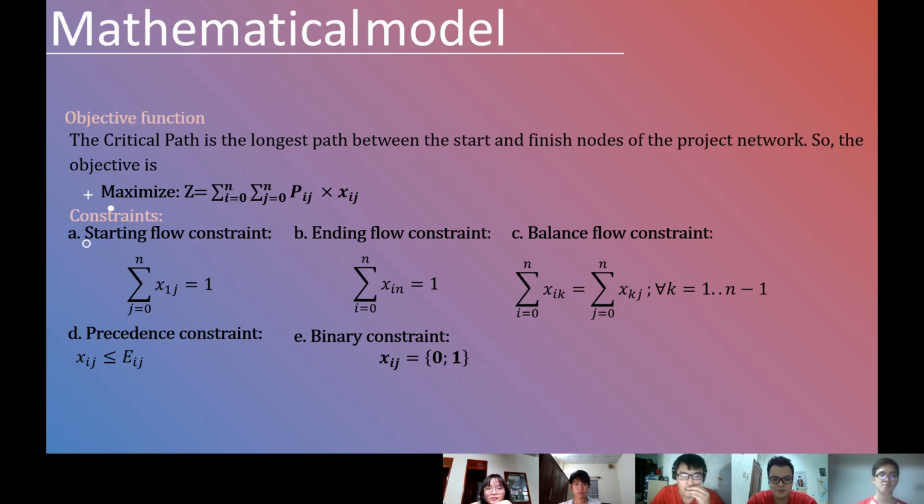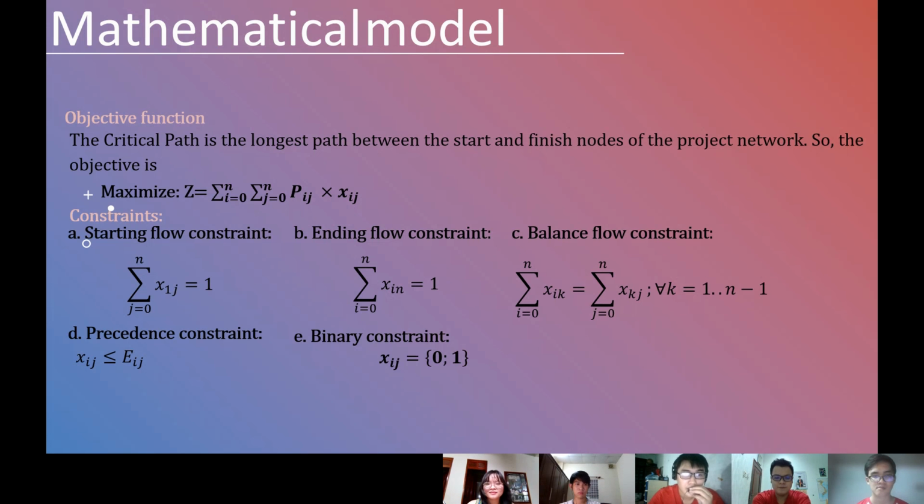It's about sigma i from 0 to n, Xin equals 1. The next is balance flow constraints with sigma i from 0 to n, Xik equals sigma j from 0 to n, Xkj, where k is from 1 to n minus 1.